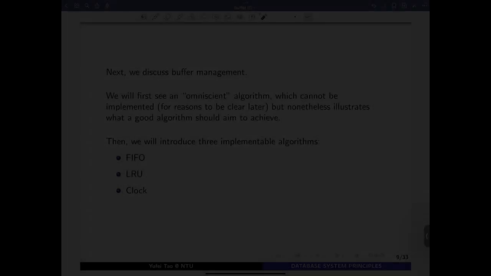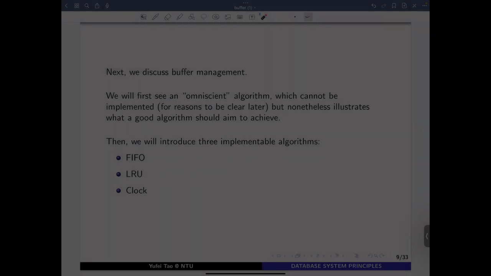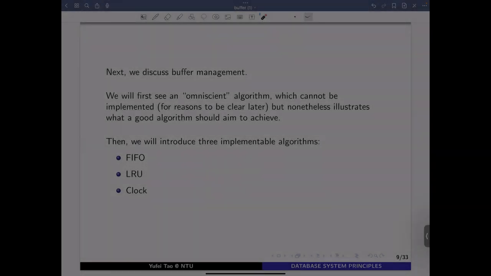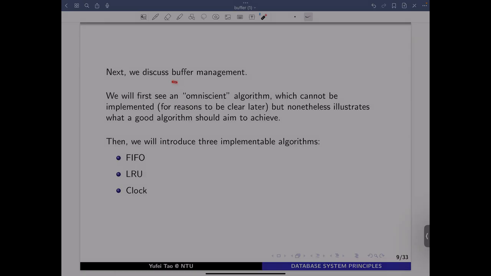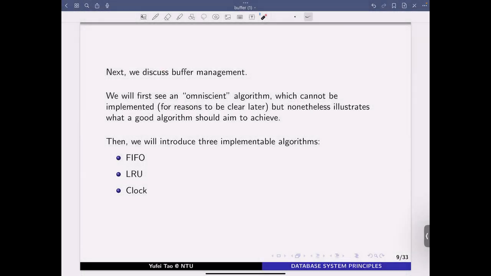However, this algorithm tells us, ideally, how you should be performing this buffer management. So that really sheds light on the underlying principle for doing this management well. And then we're going to talk about 3 algorithms that actually can be implemented.